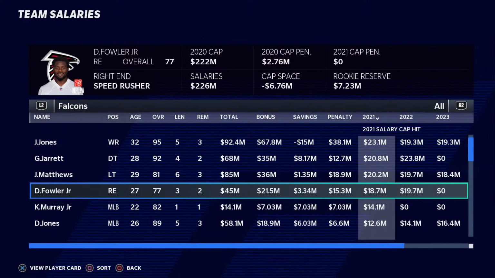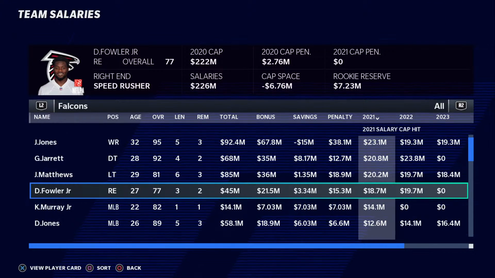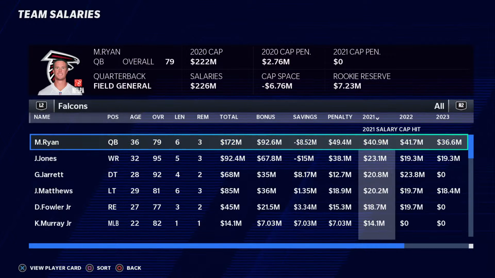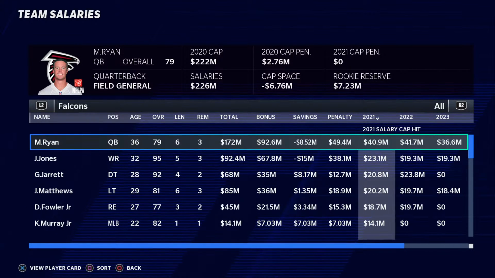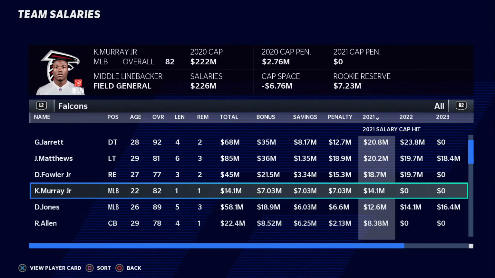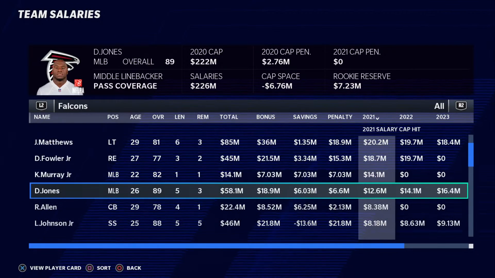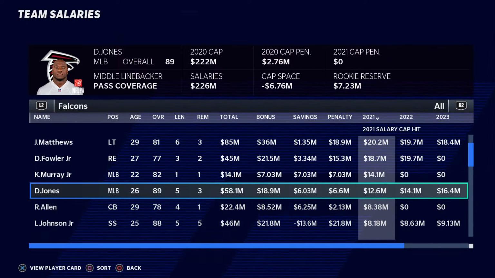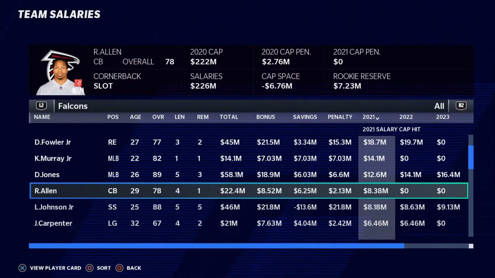Flowers, 77 overall, making $18 million a year. A 77 overall making $18 million. A 79 overall making $40 million. This is why you don't have any money. This is why you have to make some changes. You got to make some cuts to get under that salary cap.